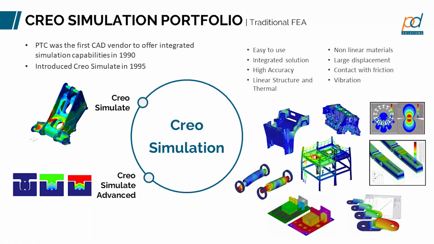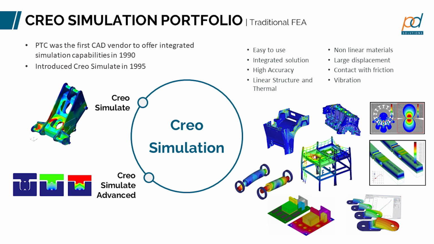I've been selling Creo and its predecessor since 1991. When I started in 1991, it was called Pro/Engineer, and it already had some simulation capabilities. In fact, it had a version of Nastran embedded in it. But the Creo Simulate software that I'll be showing you in a few minutes was actually added in 1995.